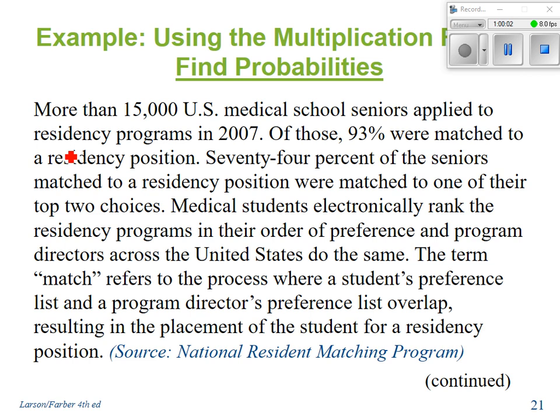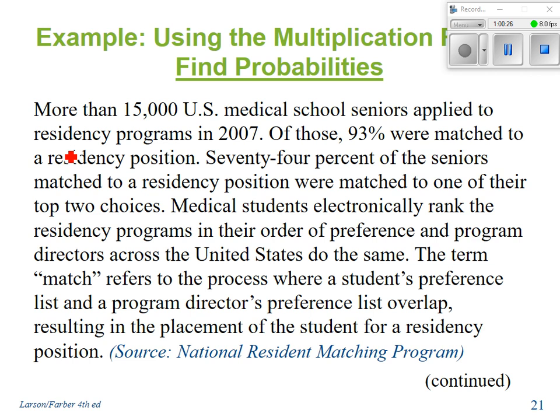74% of the seniors matched to a residency position were matched to one of their top 2 choices. So when you go to medical school, after medical school, you have to do an internship, and that's what this is talking about. In that internship, you write in there, okay, I'd like to go to this hospital or this doctor.